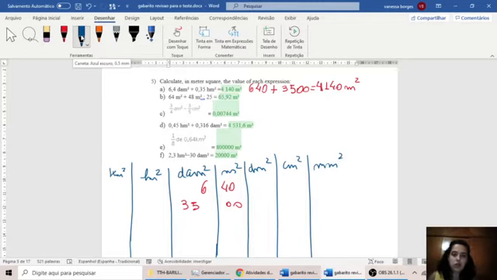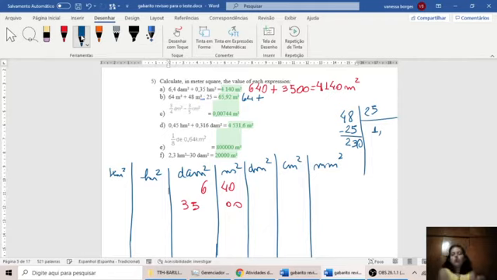Now let's do the letter B. I have 64 meters square, plus 48 meters square. But I need to pay attention that I have a division here, right? I have 84 meters square divided by 25. So this is not going to be an exact calculation. 1 times 25 is 25, here 2 less 23, put a comma and a 0. 230 divided by 25, so let's think.